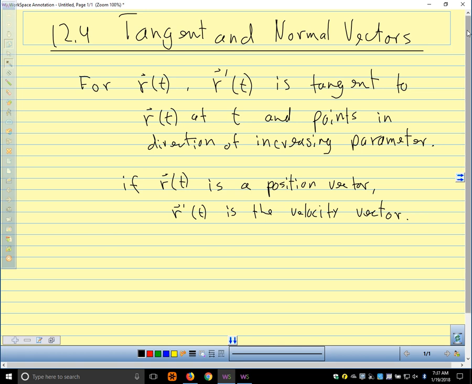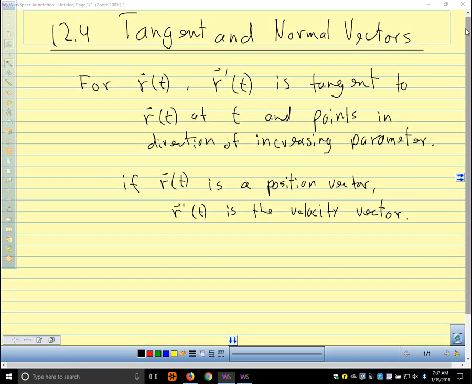So given that, what we're interested in today is to define specific unit tangent vectors and unit normal vectors. And we're going to use those to help us with our analysis of curves in terms of talking about curvature.